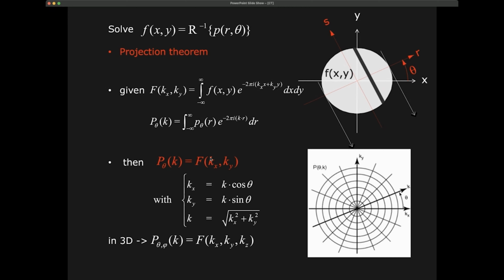for reconstruction from projections. So the theorem says, as I said before, we don't need to go into the mathematics, but conceptually it says that we measure the sinogram, we take the Fourier transform of the sinogram, we convert it from polar to Cartesian coordinates, we take the inverse Fourier transform, and we have exactly our original distribution of the attenuation coefficients.